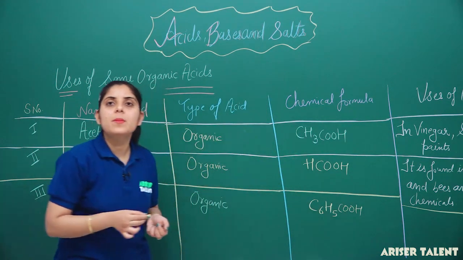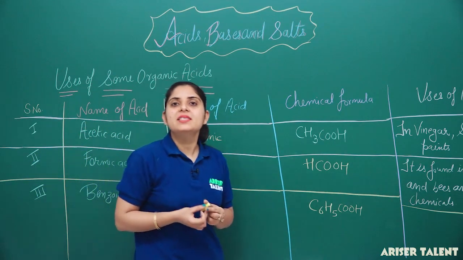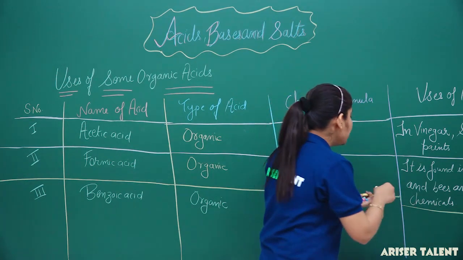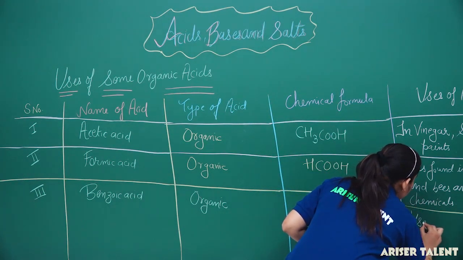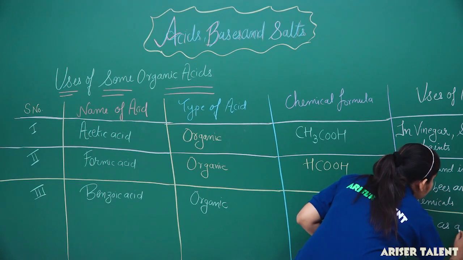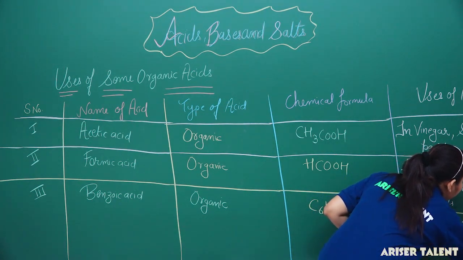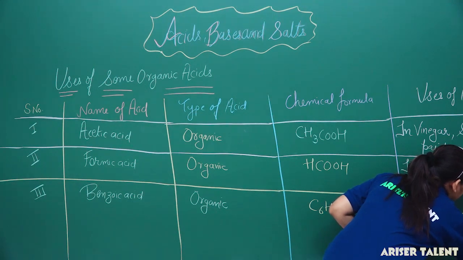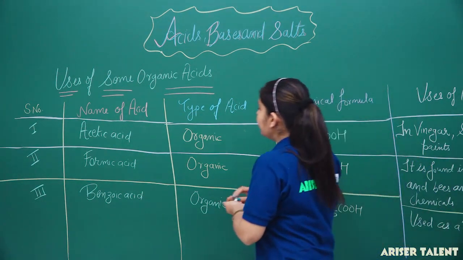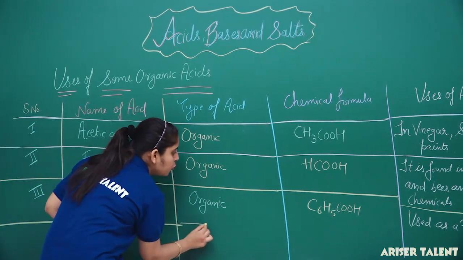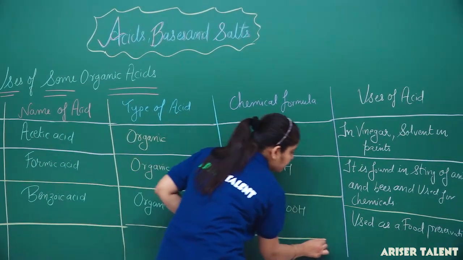This will be the formula for benzoic acid, and benzoic acid is basically used as a preservative in food items. So its use will be: used as a food preservative. So this is our third acid, benzoic acid, which is used as a food preservative.